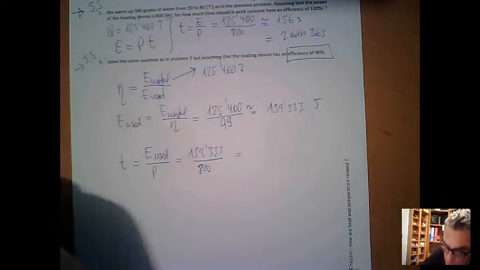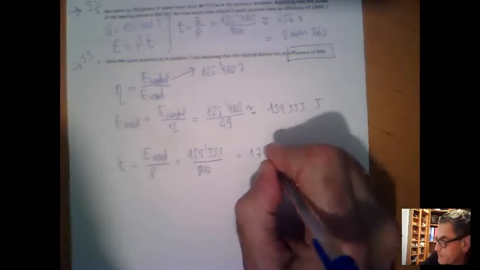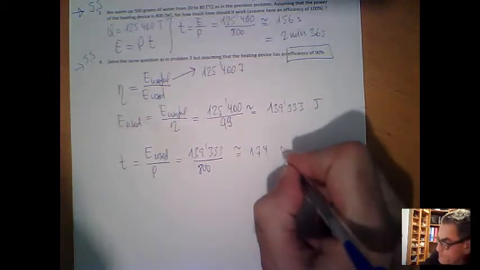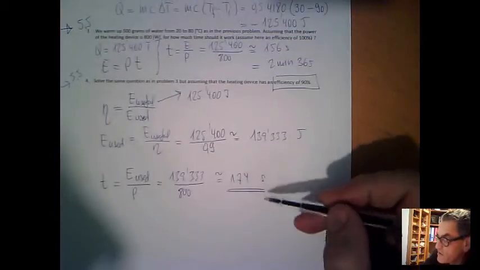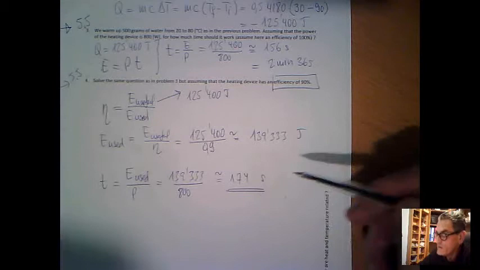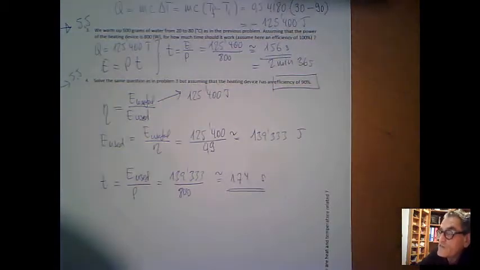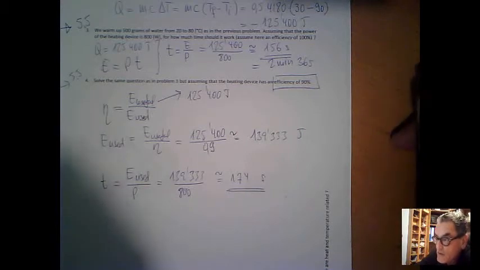And that's, of course, more. It's approximately 174 seconds. So it is slightly more than the time we needed before, 156, because now the efficiency of the heating device is less good.